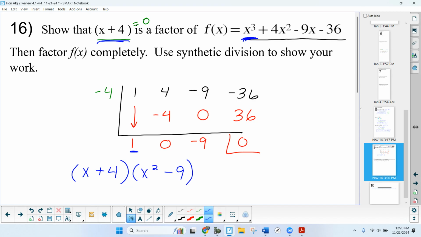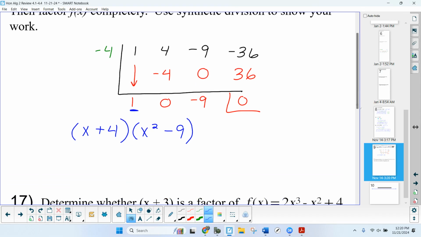Guys, if I redistribute this, what do I get? X to the third minus 9x plus 4x squared minus 36. Do I get the original problem? Yeah. I'm not done though, because the first one is linear, but the second one is a what?